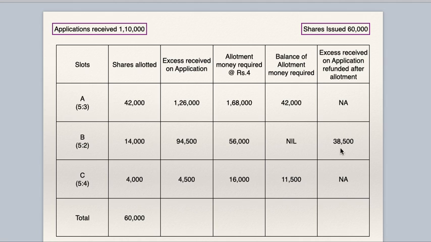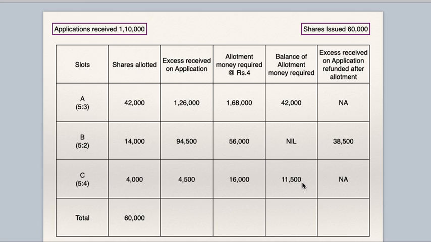After adjusting allotment, if excess remains, surplus remains, it is to be refunded. In category C, allotment money required is 16,000, whereas excess received on application is 4,500. So 16,000 minus 4,500, 11,500, they will ask shareholders to pay. So nothing remains to be refunded.